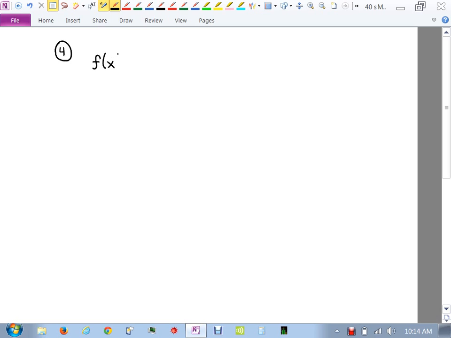F of x equals... I sent a bunch out, right? Why don't we just do one that you might have a question on? Anyone? Which one? Okay, what was 3? Minus 16 over x squared?